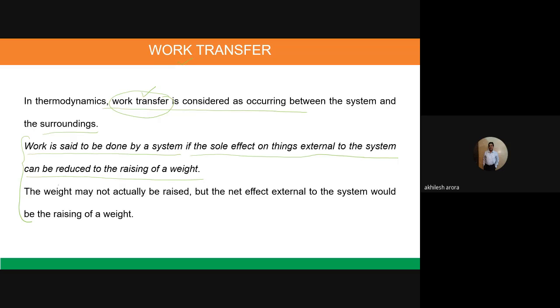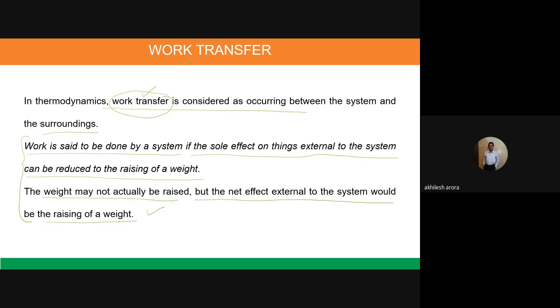And this is also important: the weight may not be actually raised, but the net effect external to the system would be that of raising a weight. We are not raising a weight exactly, but this effect of transfer of work can lead to the raising of a weight. Only then it will be known as the work done by the system or work transfer.